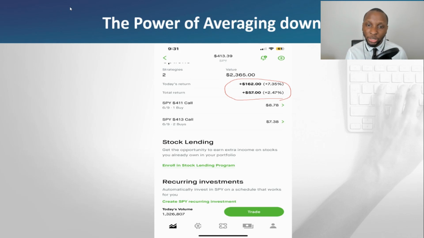So you see I've averaged down by buying two different calls, and the averaging down is basically reducing the amount of risk I was taking. So this is a way of risk management, and you clearly can see I come out of those two trades a little bit profitable.